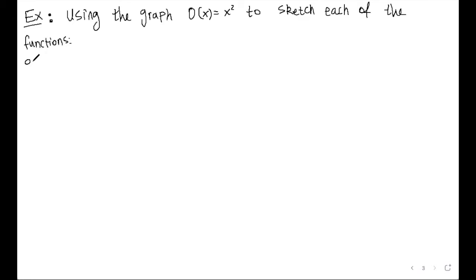Number 1, g of x equals 3x squared. Number 2, h of x equals 1 over 3 x squared.